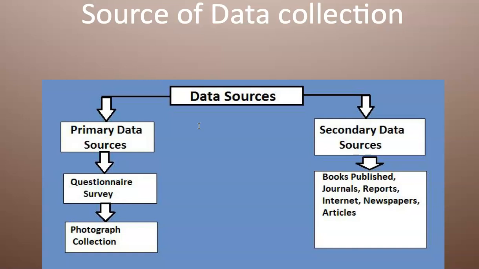Examples are questionnaire survey, photograph collection, transactional survey. Secondary sources of data are the already published books, journals, reports, newspapers, articles, documentaries, etc., which are already done by some other person. We are not directly collecting that. We are indirectly referring to their sources.